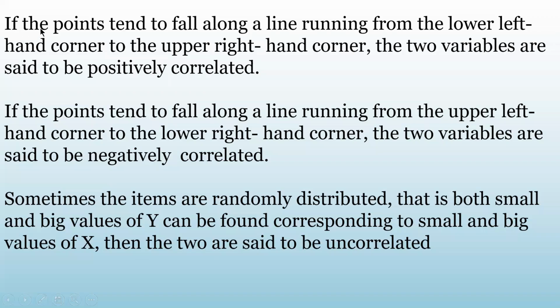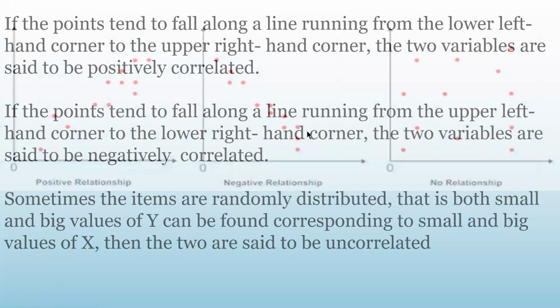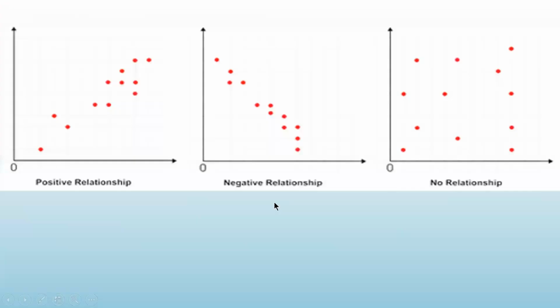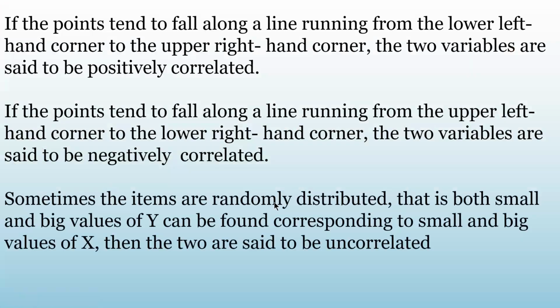One more point here. If the points tend to fall along a line running from the lower left hand corner to the upper right hand corner, means like this, then the two variables are said to be positively correlated.